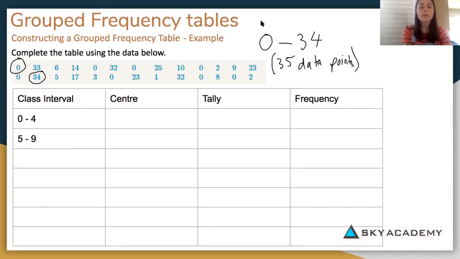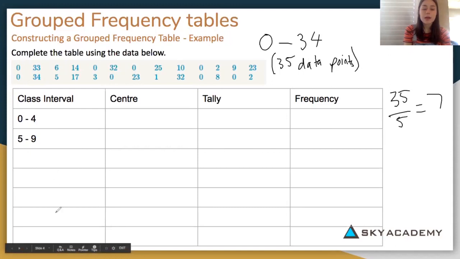So now we know this information, we can use this to finish the class intervals. Because if we know that we are having groups with 5 in each, if we divide 35 by 5 to give us 7, that's how many class intervals we need to have. And if we count down here, we need to have at least 7 rows for our class intervals.